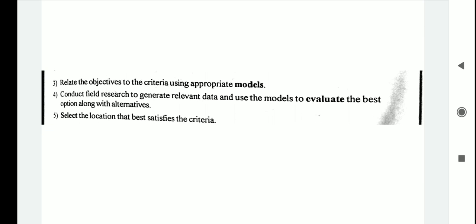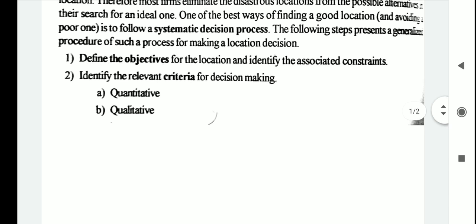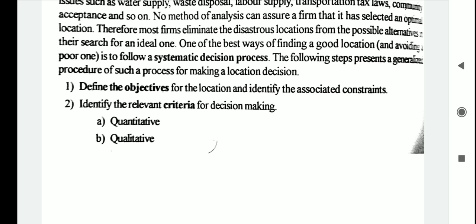Next we move on to the explanation of the steps. The first one is the location objective. Any location decision must typically include multiple objectives of owners, employees, suppliers, customers, and anyone else affected by the organization.